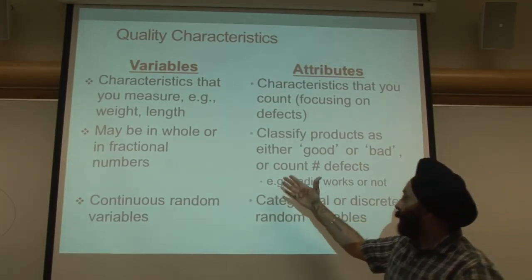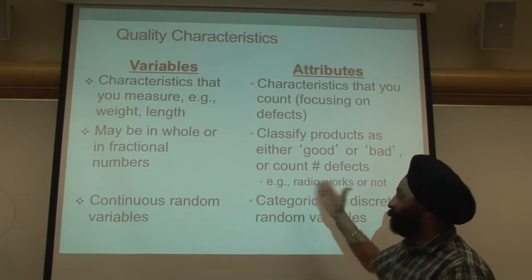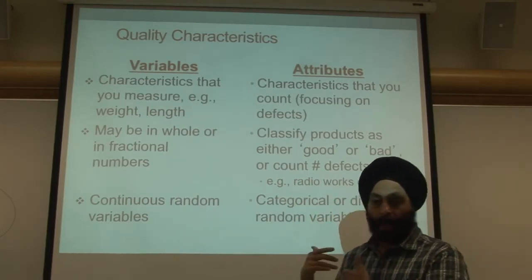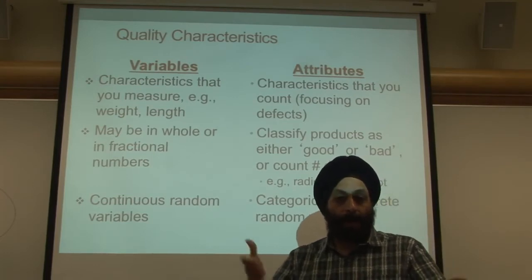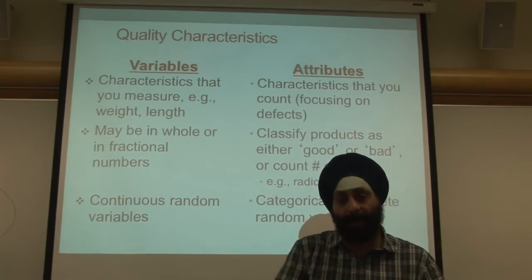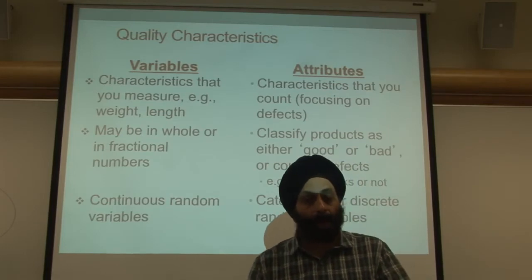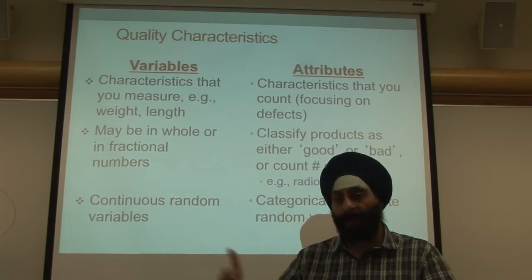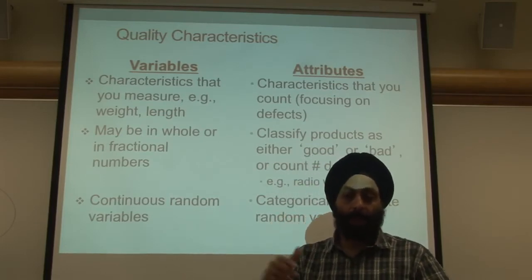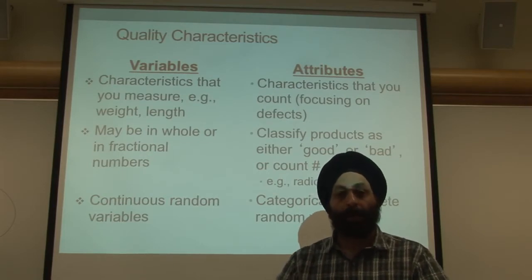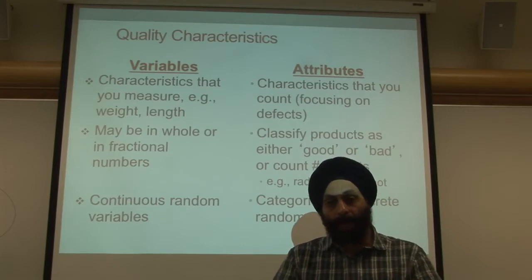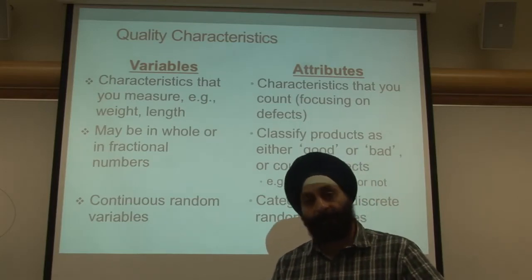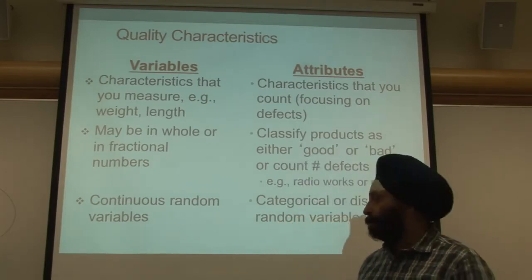You can check that the radio works, but that's defect-free. But you can count the number of defects if the radio is not working. For example, there are scratches, there is a short in the circuit, the antenna is missing, but there is no way to count the non-defects in a radio.